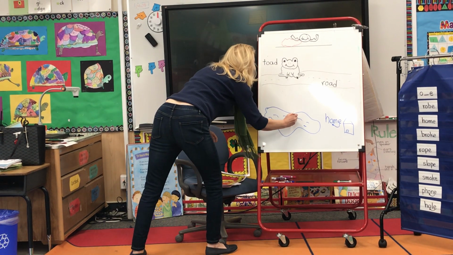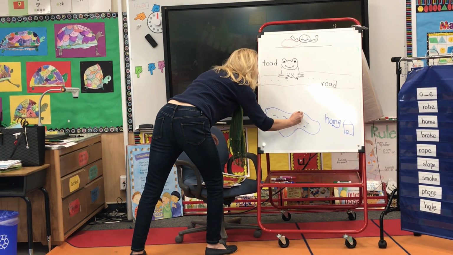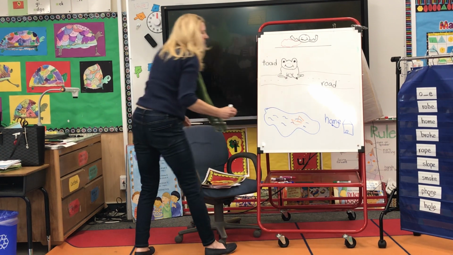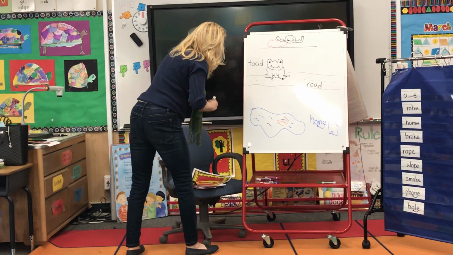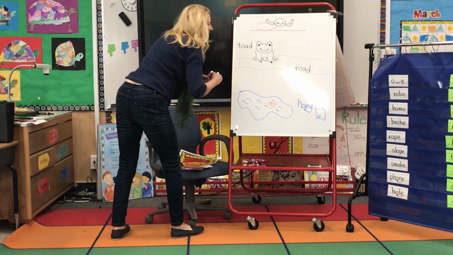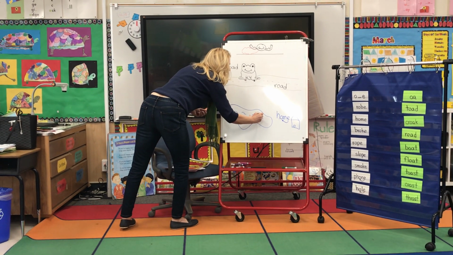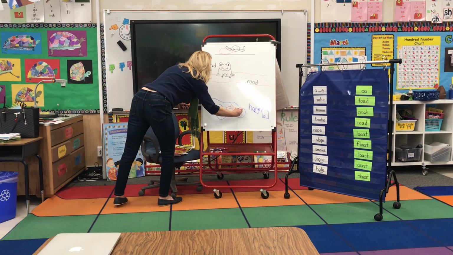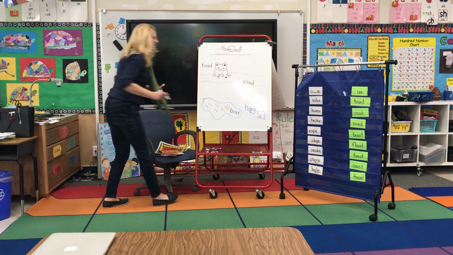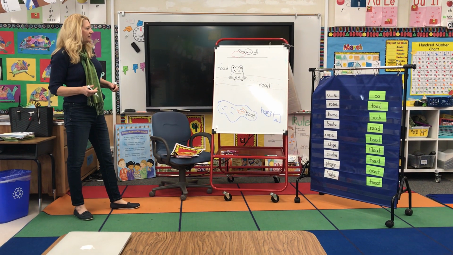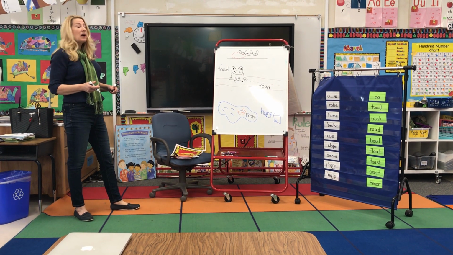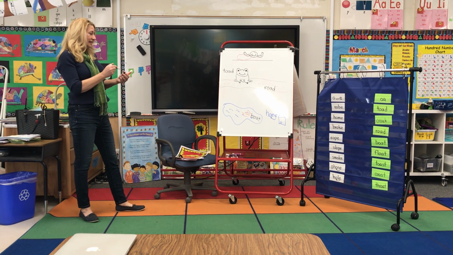And you guessed it, boat. That's a word we want to spell in our picture. So I'm going to write boat right next to the boat there. And boat has the partner vowel spelling.